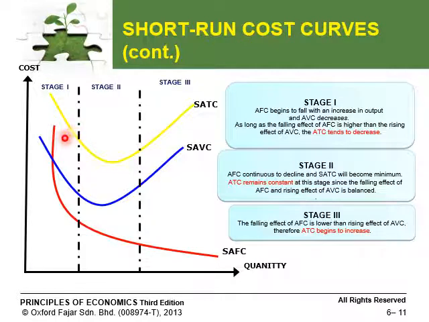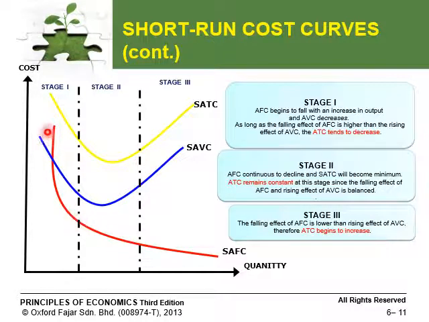The average fixed cost falls rapidly because of the spreading effect of total fixed cost over the increasing larger output, because total fixed cost is kept constant, never changes. But when it comes to average level, the higher the output, the lower the average fixed cost is going to be.